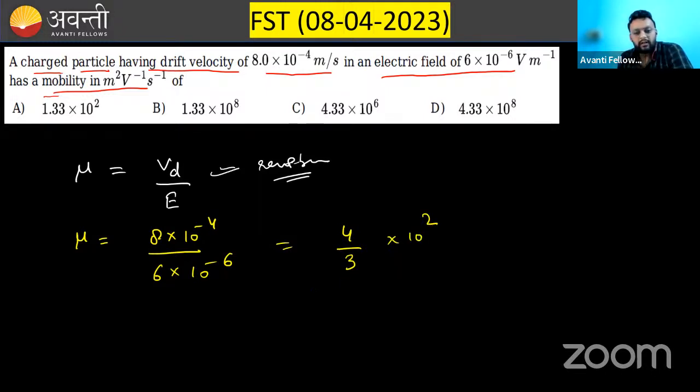Clear? Okay. Have you divided it? I am not solving it again. So that will be option number A. Very good, Gauri. That is option number A. Moving further.